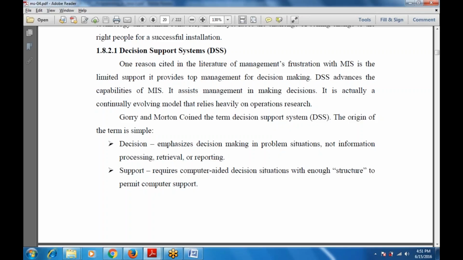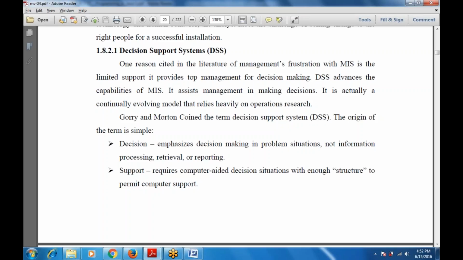Then support requires computer-aided decision conditions with enough structure to permit computer support. That means what are the various computer-aided decisions that are used with enough structure to permit the computer support.